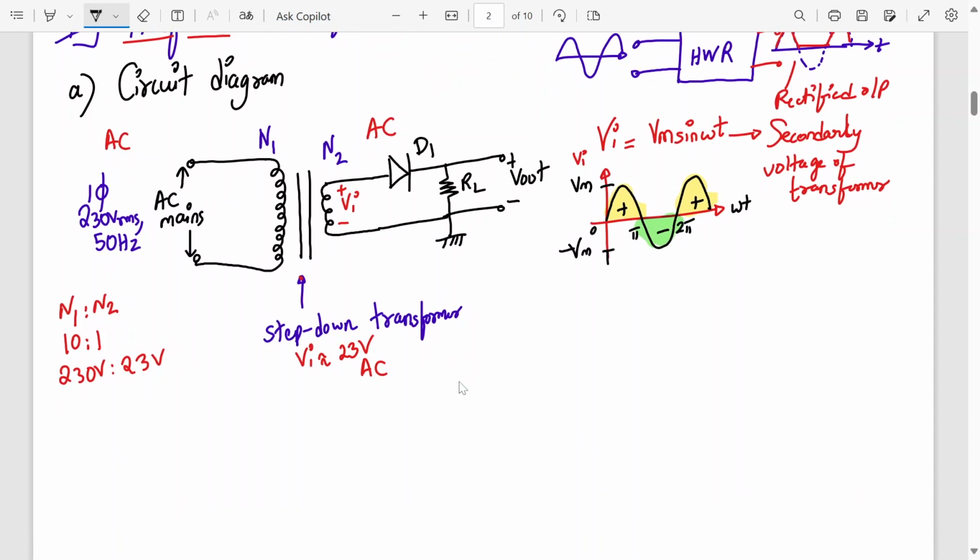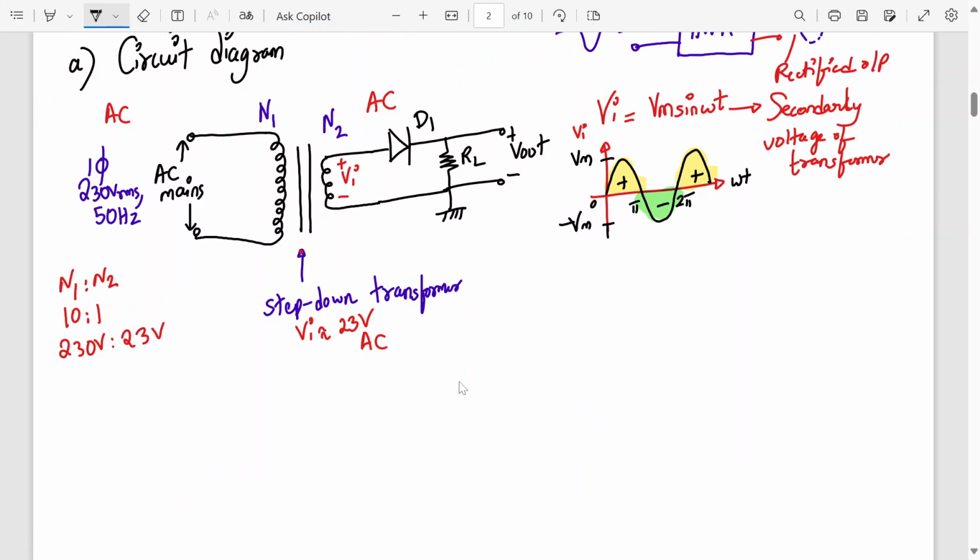Now remember this Vm and plus minus Vm. If 23 is the RMS value, what is the Vm value? What is Vm in terms of RMS? Only two options are there.